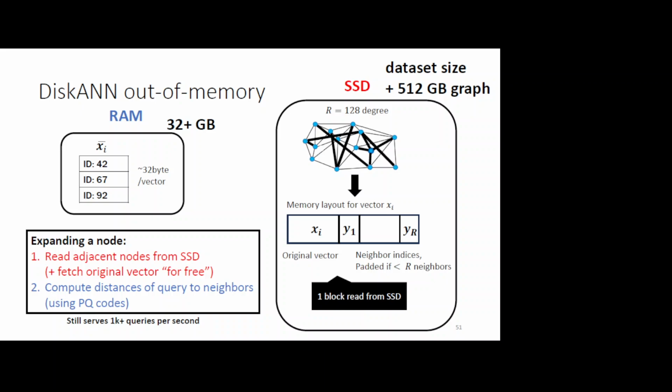Then I will find its neighbors, here, here, here. I have 3 neighbors, so I will check the 3 neighbors in memory to check their PQ codes. With their PQ codes, I can compute the distance to the query, but it's inaccurate.